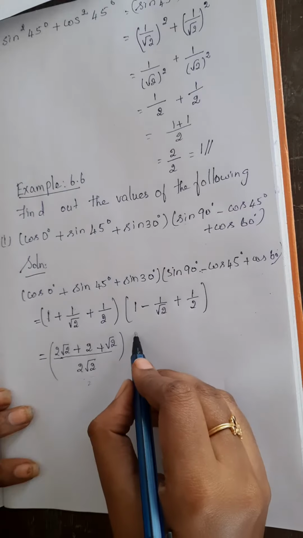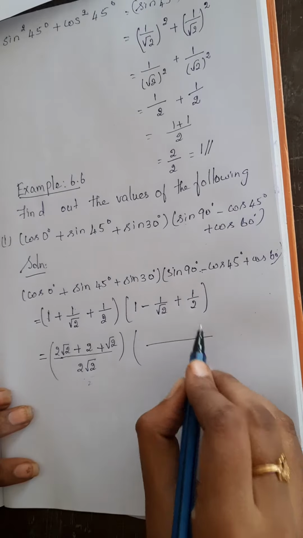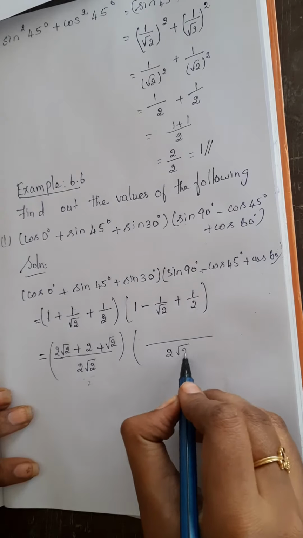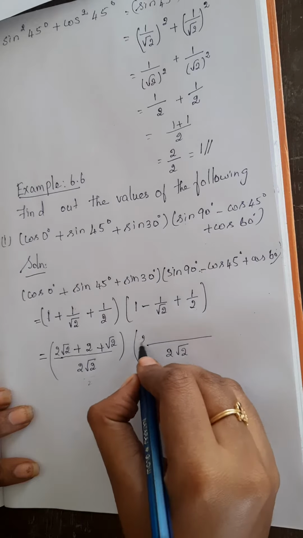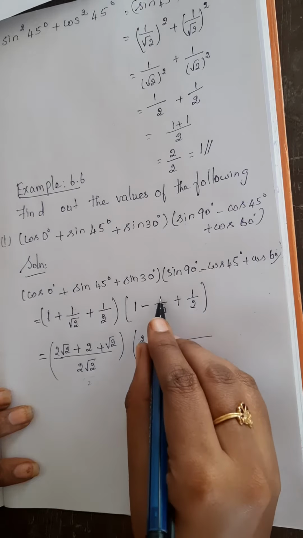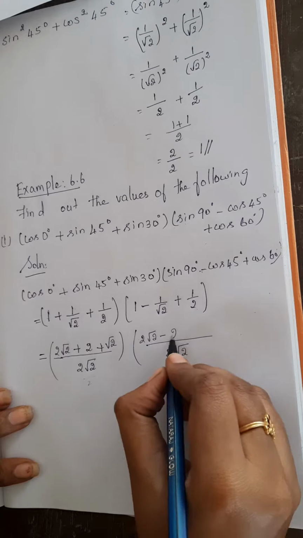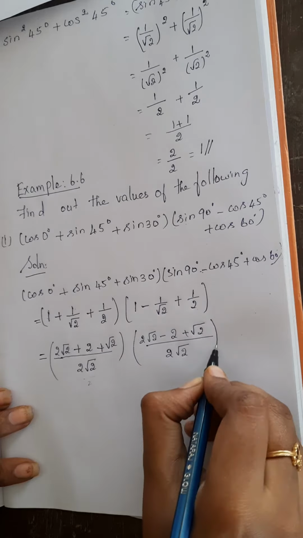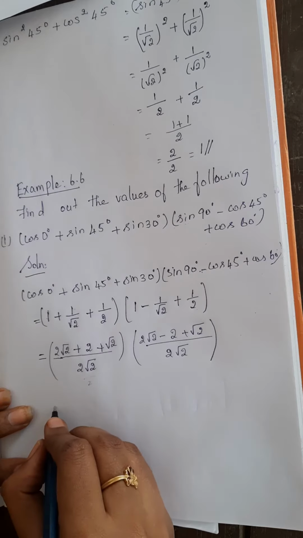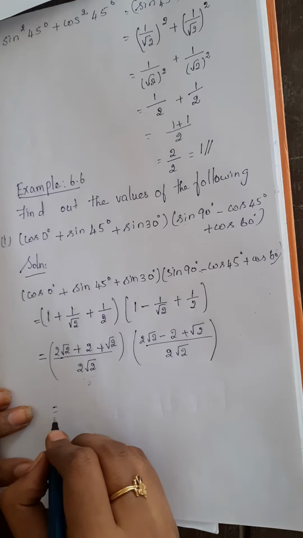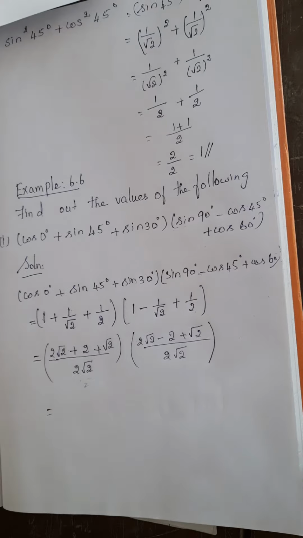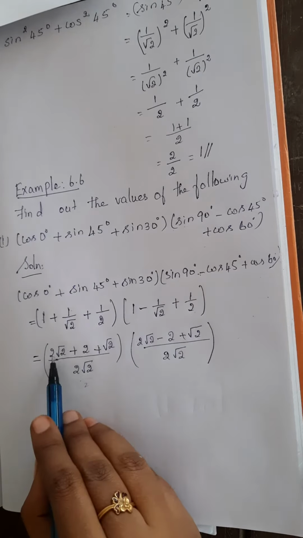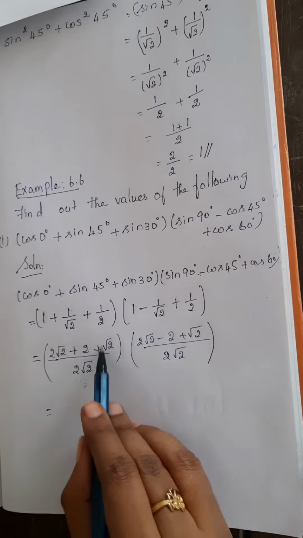The same thing here. LCM 2 and root 2. Here the value is 2 root 2 minus, here the missing term is 2 plus root 2. Okay. Then here you have root 2 and here you have 1 root 2.